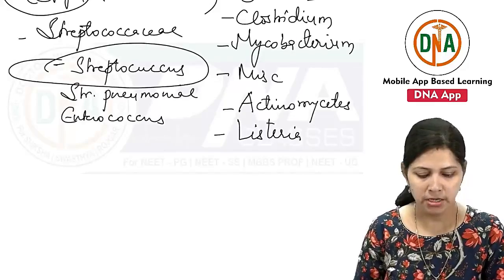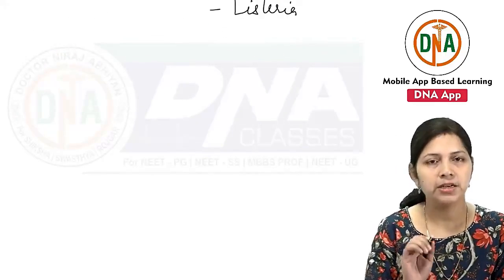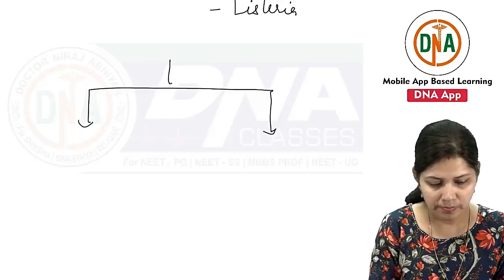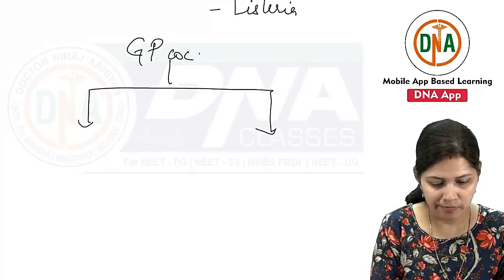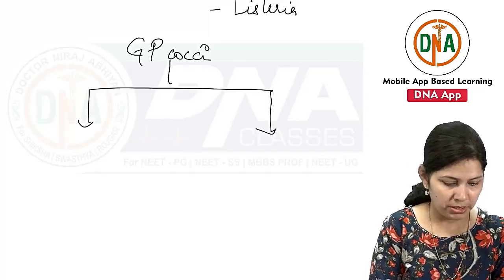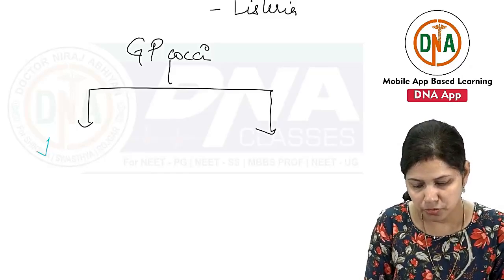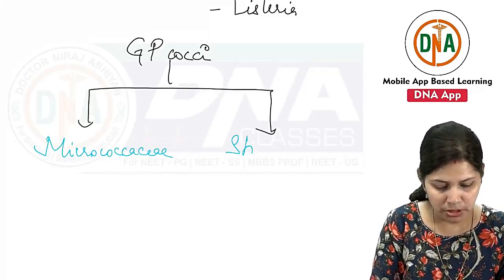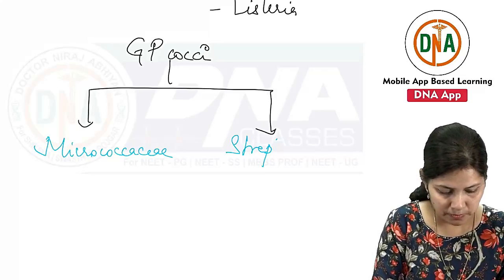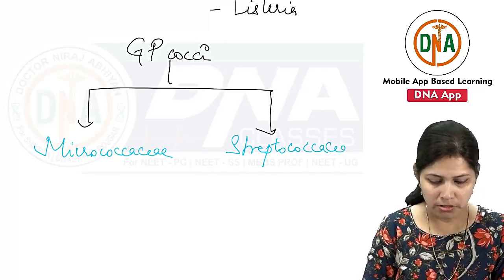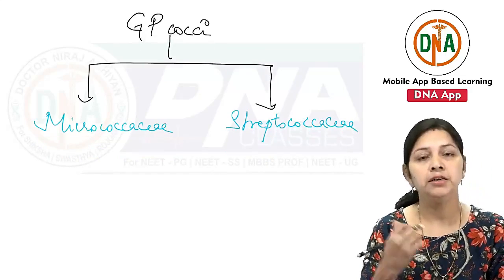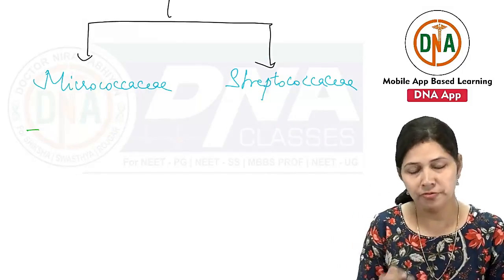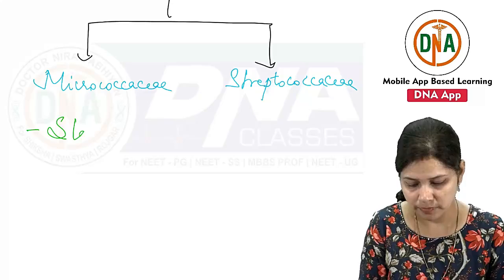gram positive bacilli. So as far as gram positive cocci is concerned, I told you that there are two important families. First is Micrococci and second is Streptococci. Okay, so in Micrococci, we are talking of the pathogenic bacteria, so the first and the most important group is the Staphylococcus.